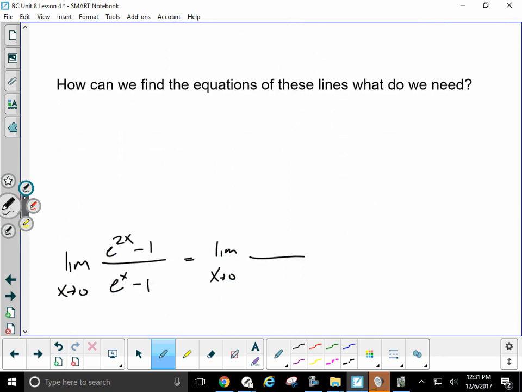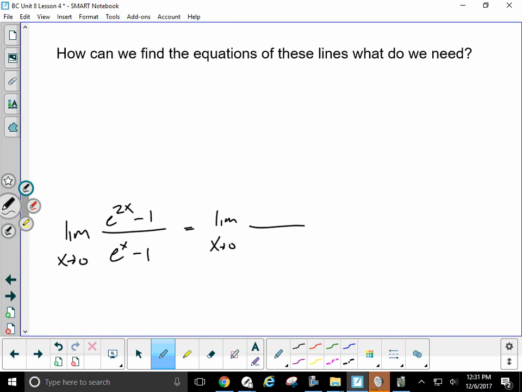Well, since we're talking about just x approaching 0, I'm talking about values that are infinitely close to 0 that I'm plugging into e to the 2x minus 1 and e to the x minus 1, right?